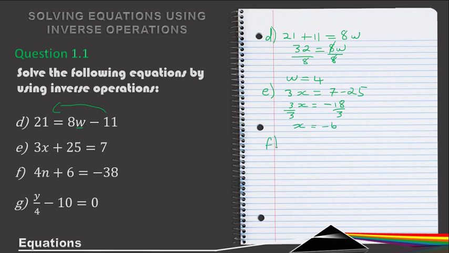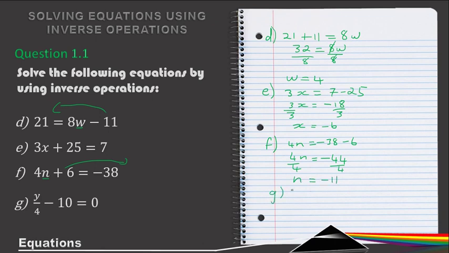Okay, then F, so I need to solve for n. First thing I do is take the 6 over, so 4n is equal to negative 38 minus 6. So 4n is then equal to negative 44, right? Then divide both sides by 4, and I get n is equal to negative 11.